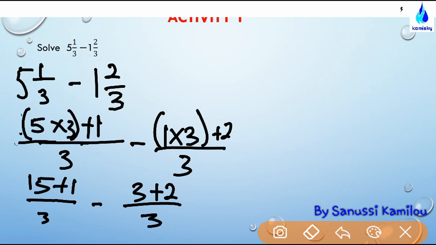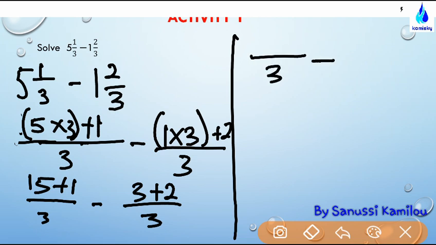The next step, what do we do? We keep our denominator, 3. Then the top over here is giving me 16. Wow. Then we go to the other side. 3 plus 2 is 5.